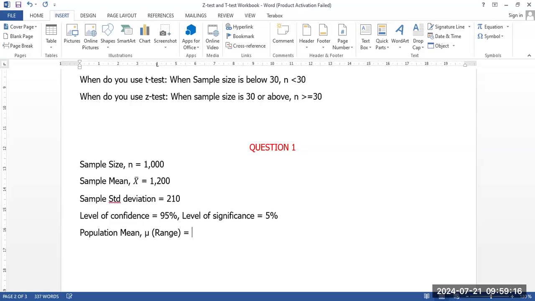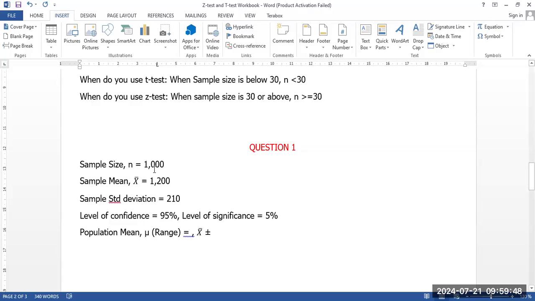It will be equal to x bar, minus or plus, because you are trying to get a range.